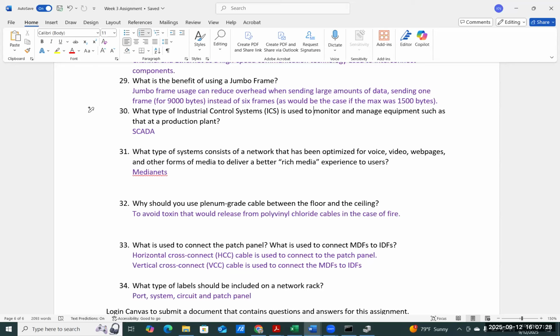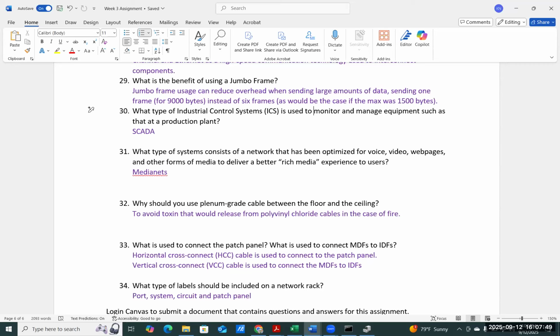But they're pretty good at making media that is fire retardant, right? So we want to use plenum cable between your floors. So in the data center, you're going to have a false floor and an actual physical floor, and then run these cables through that way. The same thing with the ceiling.